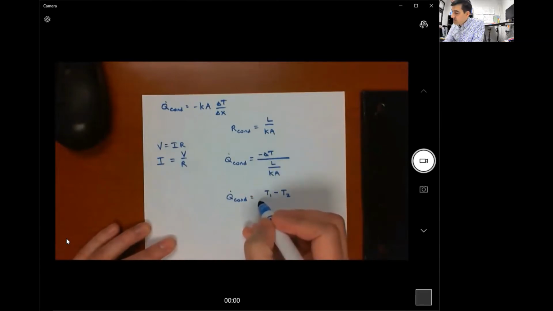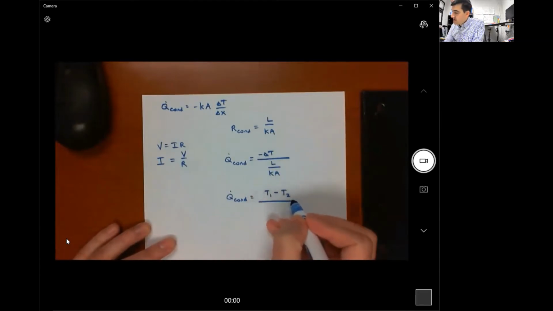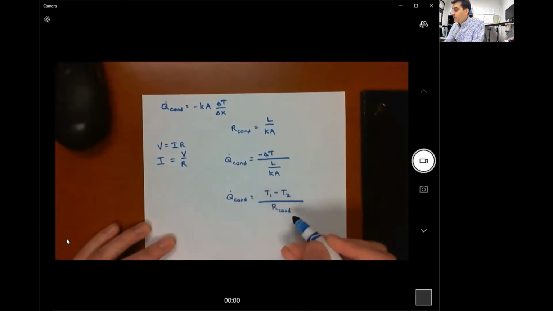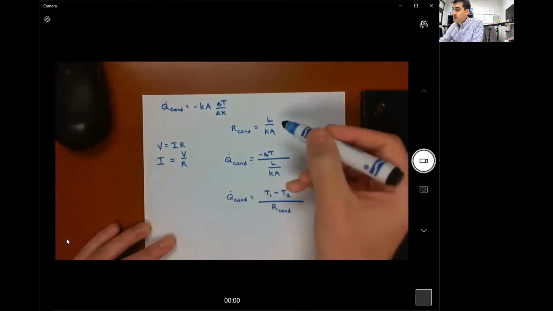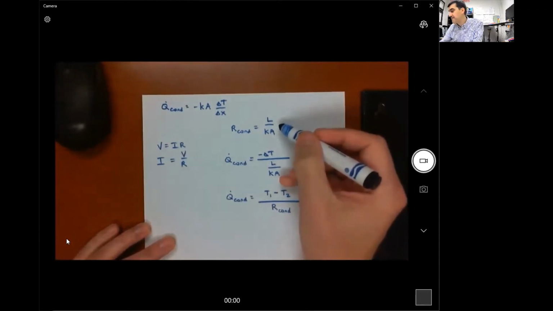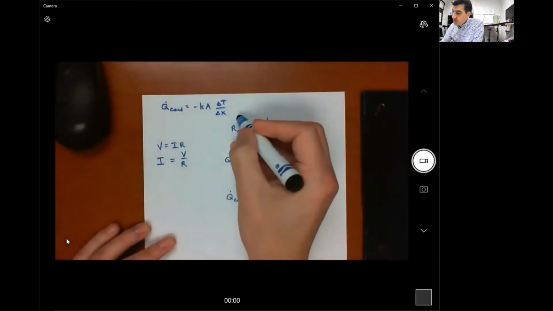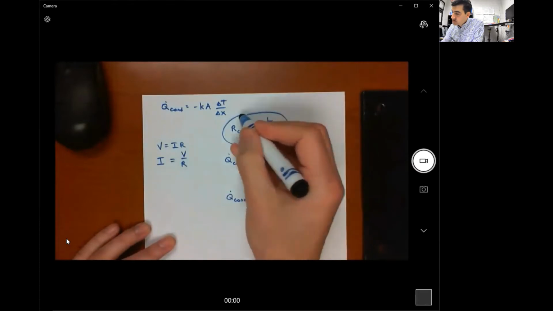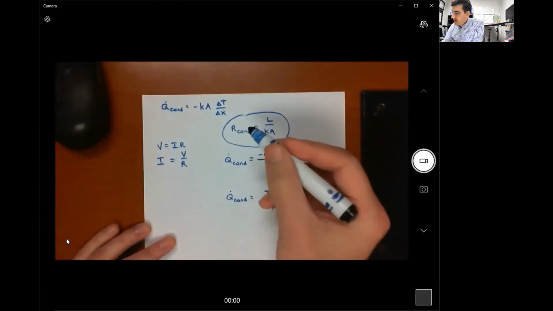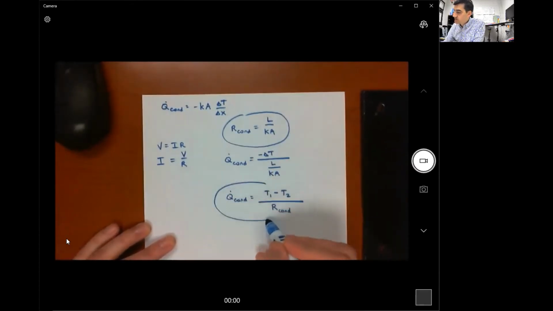Now we have Q conduction equals T1 minus T2 divided by R conduction, where we know that R conduction equals L divided by Ka. So now we don't really need this equation. All we really need is to know this equation, and then we're going to plug that value into this equation.